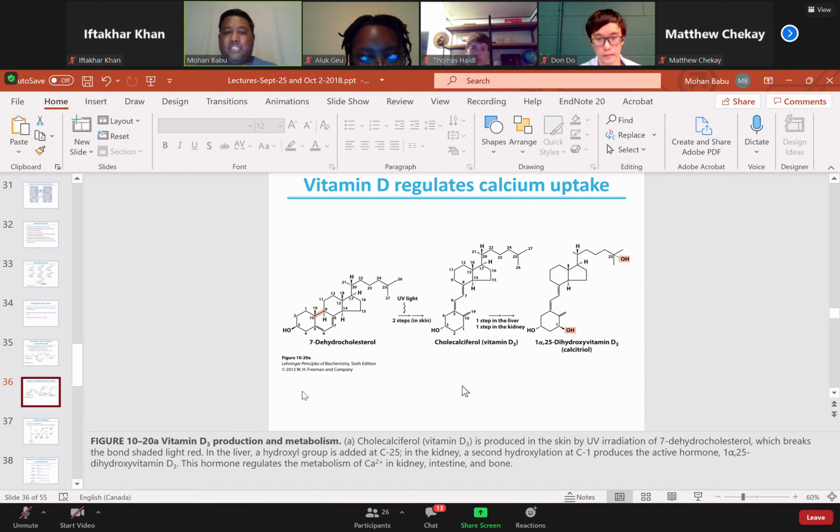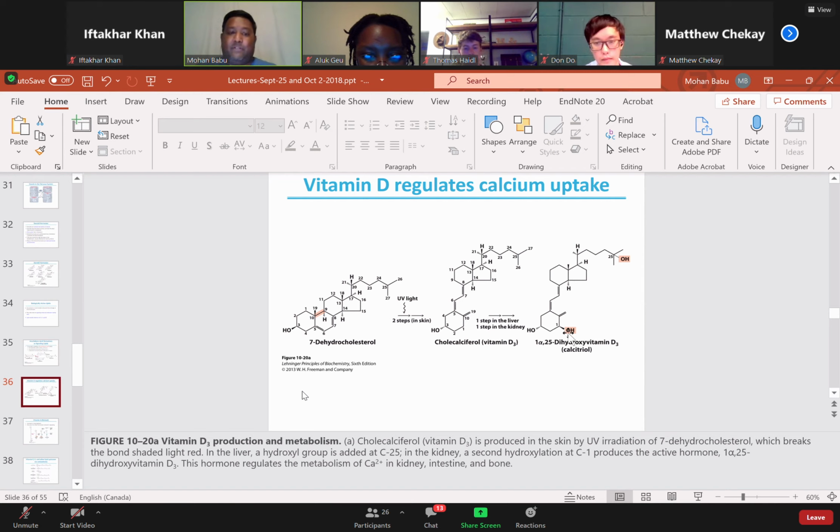calciferol, vitamin D3. Then a hydroxyl group is added at carbon 25, and that happens in the liver. The second hydroxylation happens at carbon 1, and that is produced in the kidney.